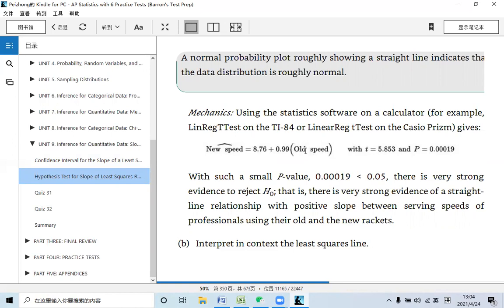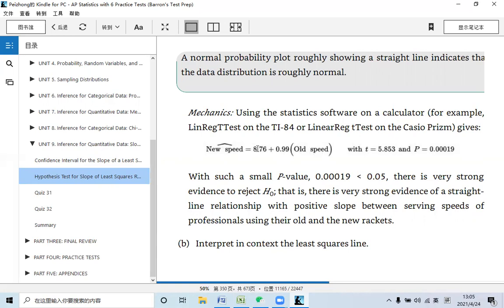This means that those players who are faster using the old racket will also be faster using the new racket. For each unit of increment on the old speed, you will see 0.99 unit of improvement on the new racket speed. That is what this number means.